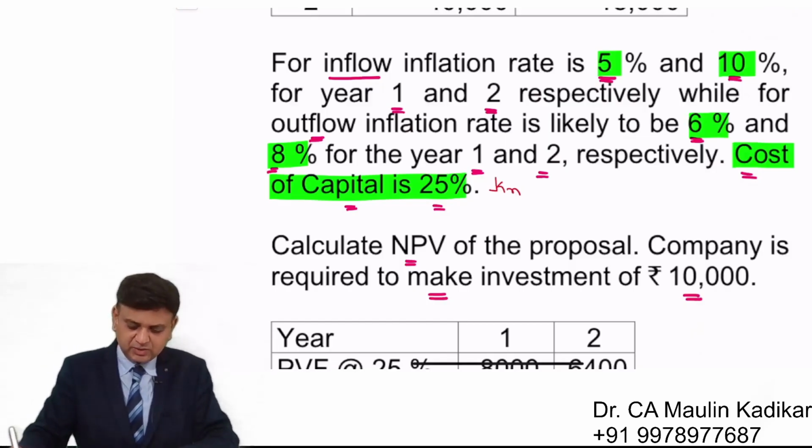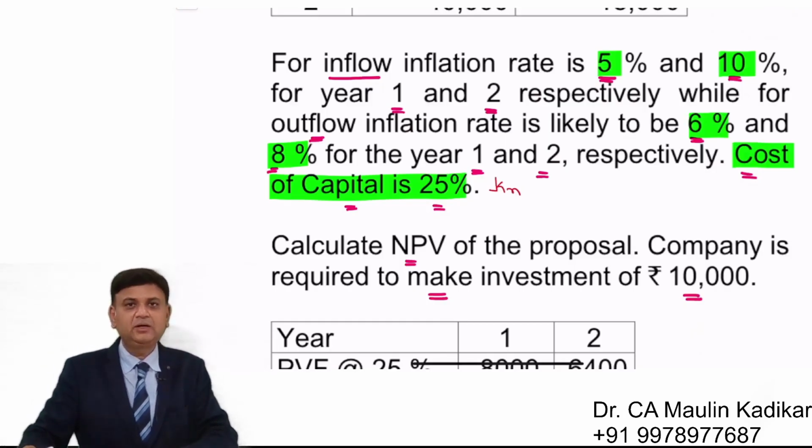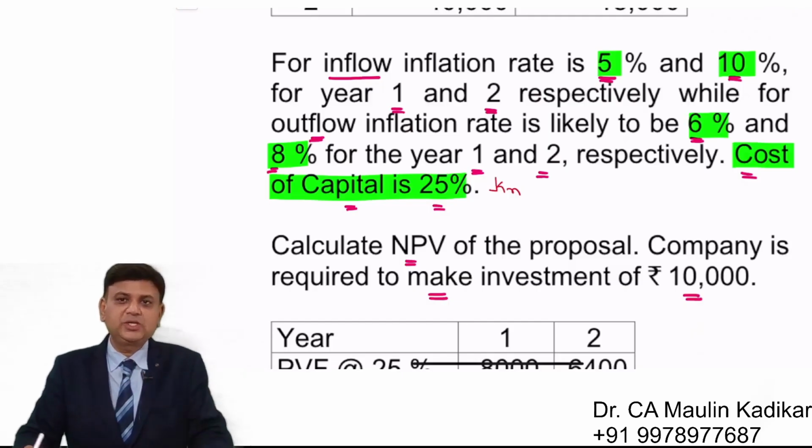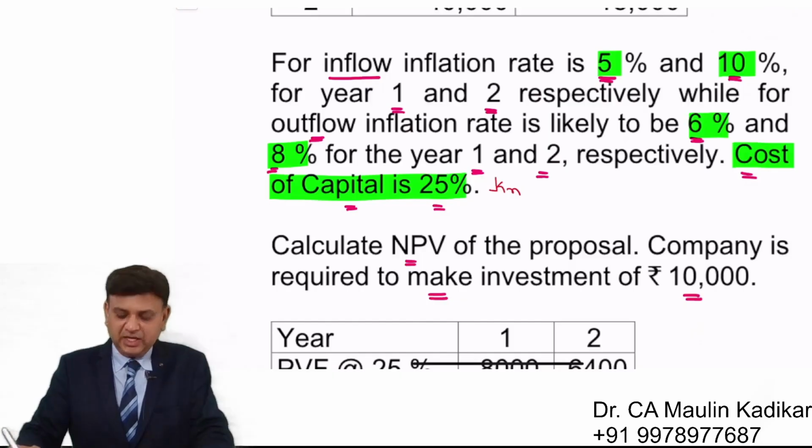So we understand that the overall expected rate of return from the business is provided to us as 25%.